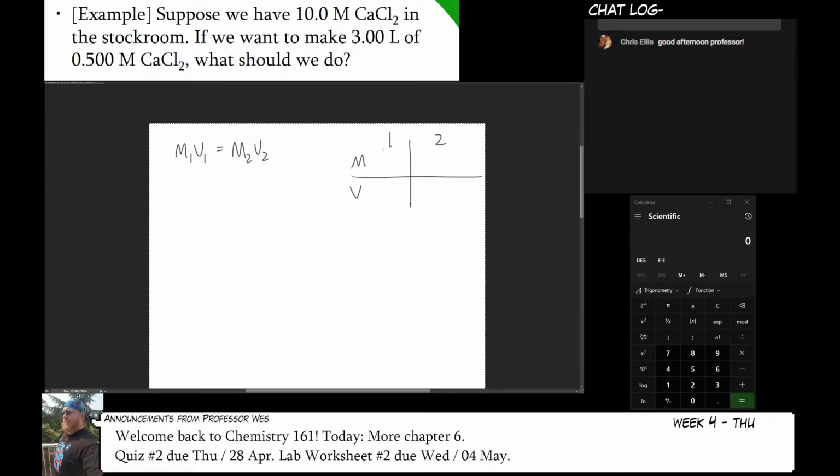So I know that 1 is the stock side and 2 is the dilute side. So what is my stock solution concentration? That's 10 moles per liter. And I know the dilute concentration is 0.500 moles per liter. And I want to make 3 liters of that solution.